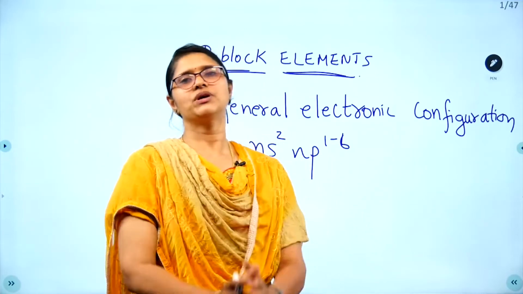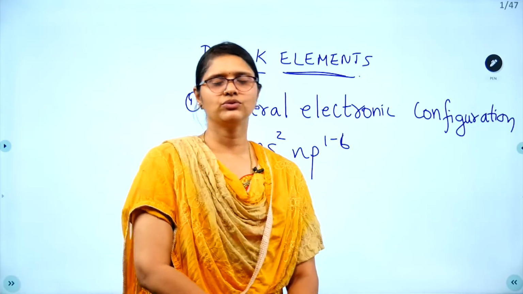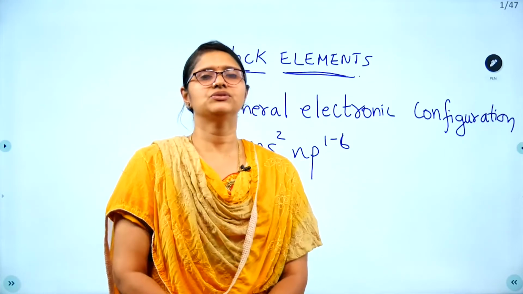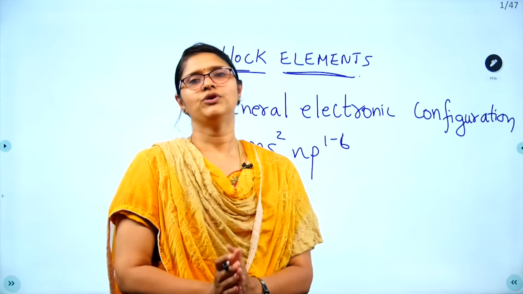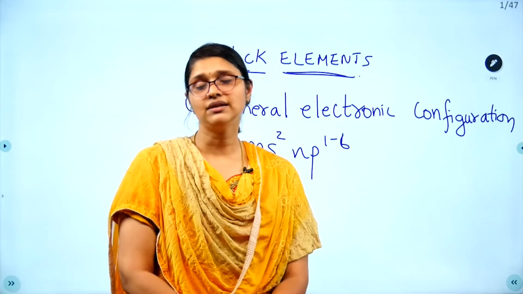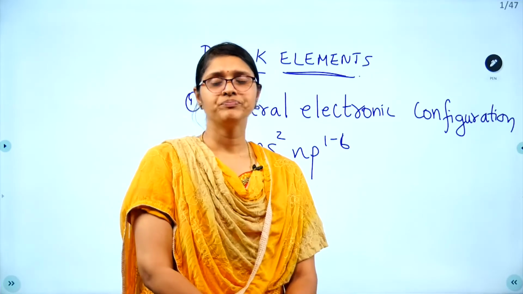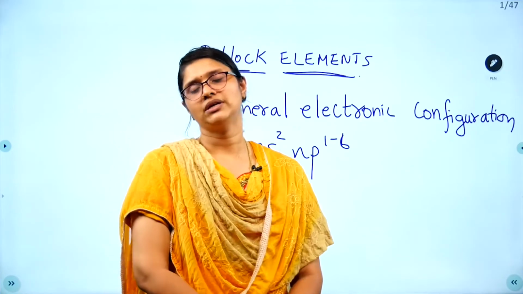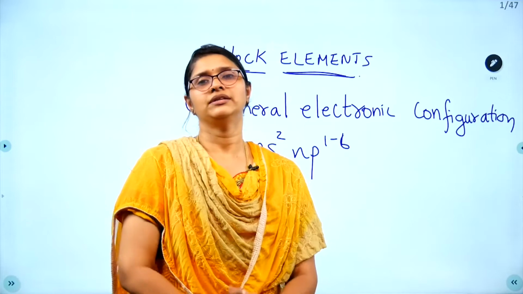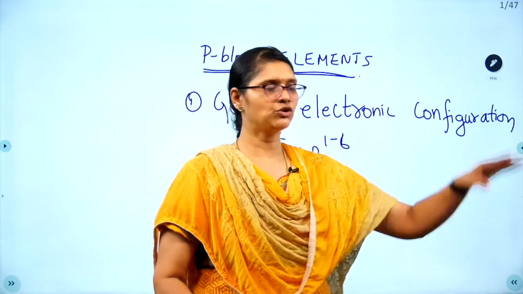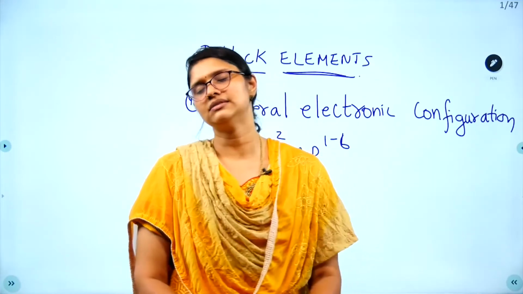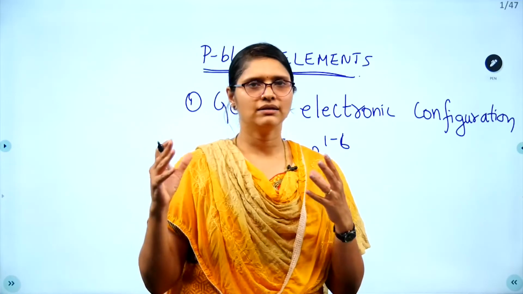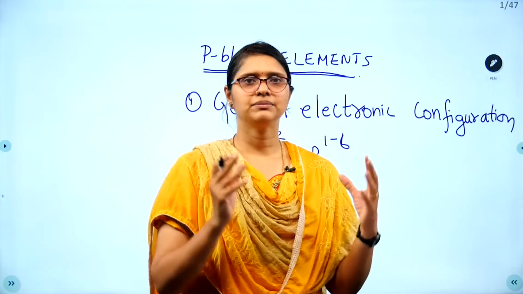If you take group 13, it has ns2 np1, group 14 ns2 np2, group 15 ns2 np3, group 16 ns2 np4, group 17 ns2 np5, and group 18 ns2 np6. That is why the noble gases are placed at the last, because they have completely filled s and p orbitals.